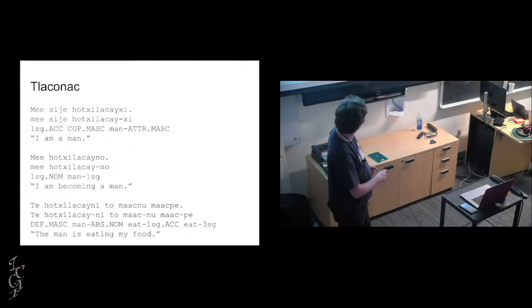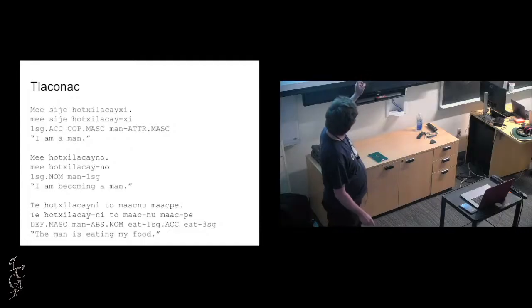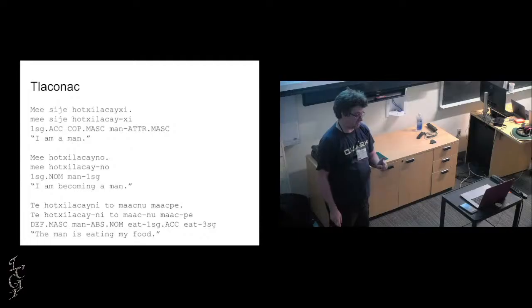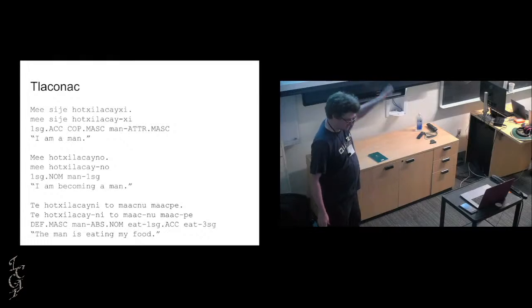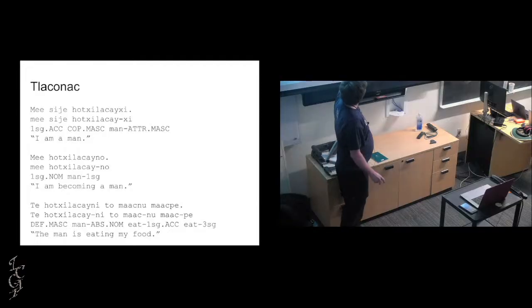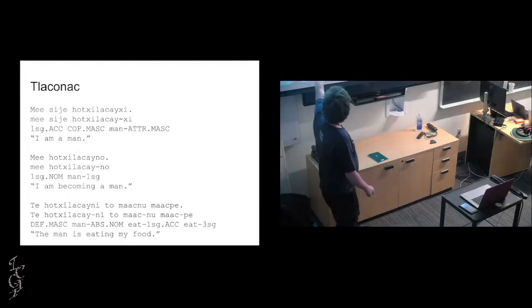You can talk to me about it later. But eat refers to an action, has two arguments, totally obvious to see what those are. The absolutive argument of eat is food. So when we put it in the predicate position, which happens to be at the end of the sentence in this language, then it means it's going to take a possessive suffix which agrees with the man, so we know that that's the subject.